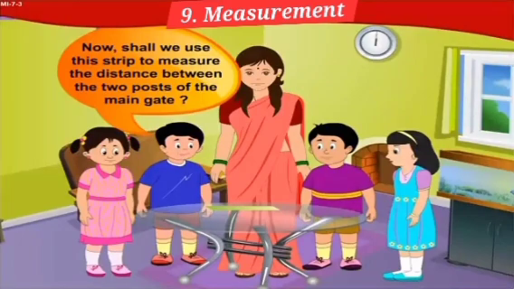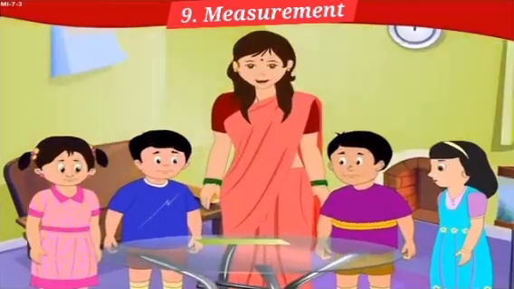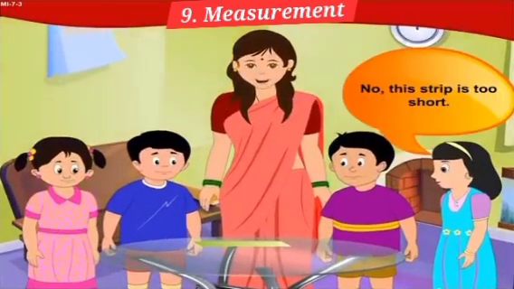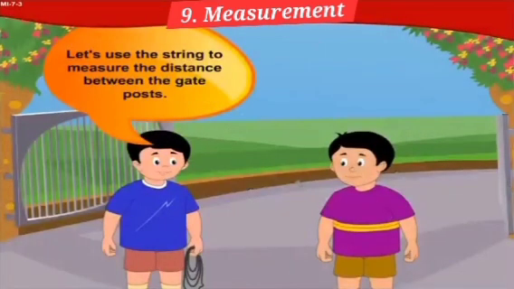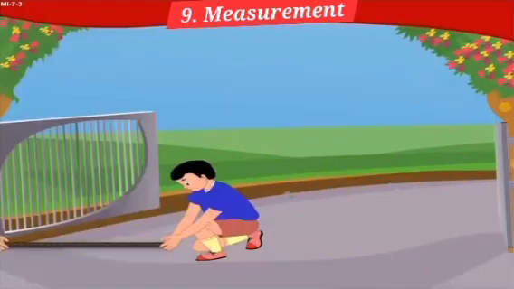Now, shall we use this strip to measure the distance between the two posts of the main gate? No, this strip is too short. I have a long string. Let's use that. Yes. Let's use the string to measure the distance between the gate posts.